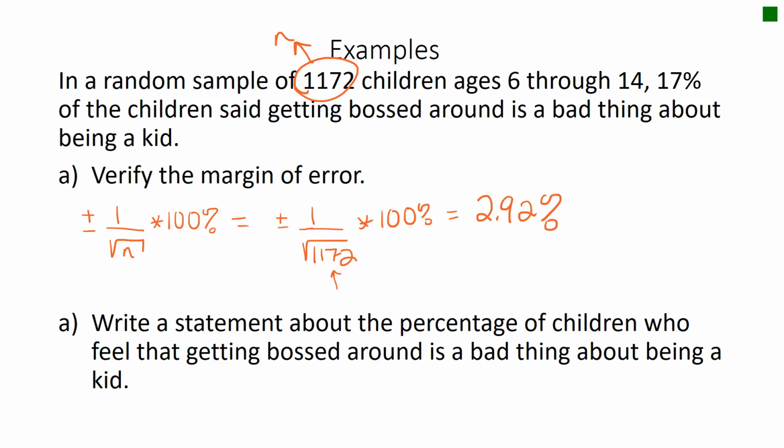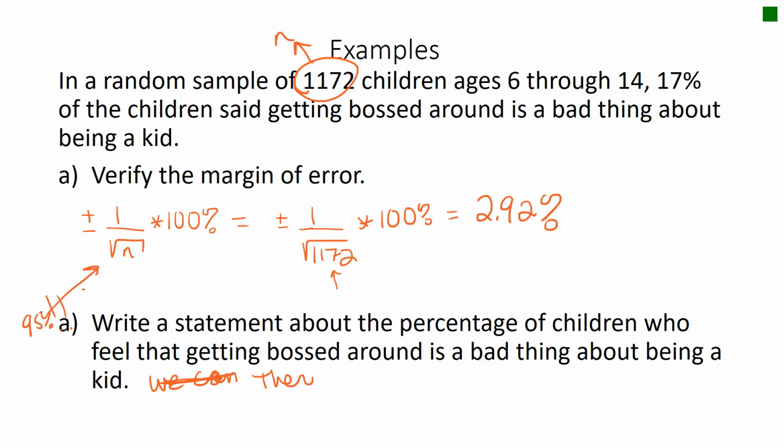Next: write a statement about the percentage of children who feel that getting bossed around is a bad thing about being a kid. This is for a 95% confidence interval. If you're interested in other confidence intervals, you can take a higher level statistics course.